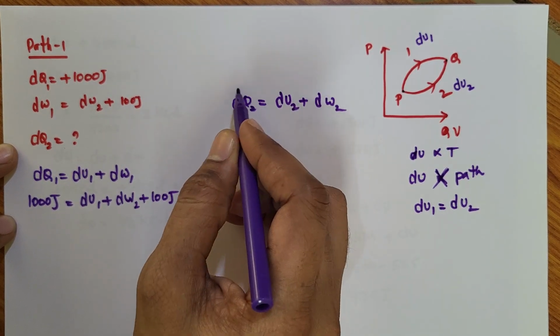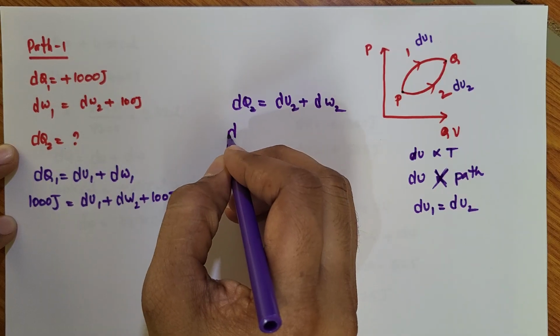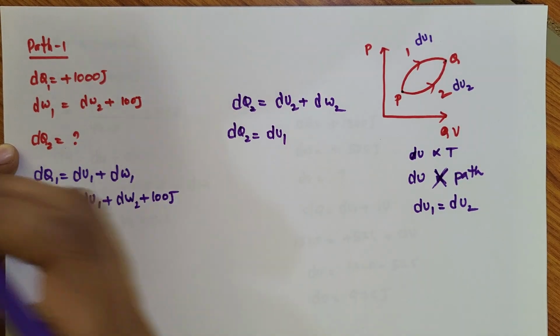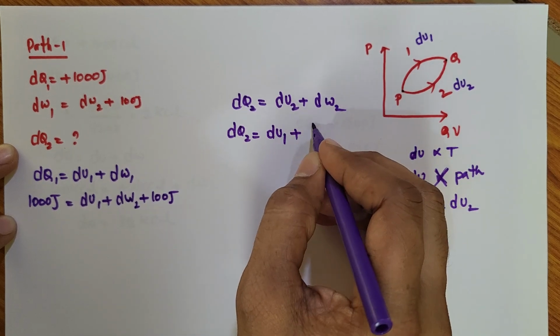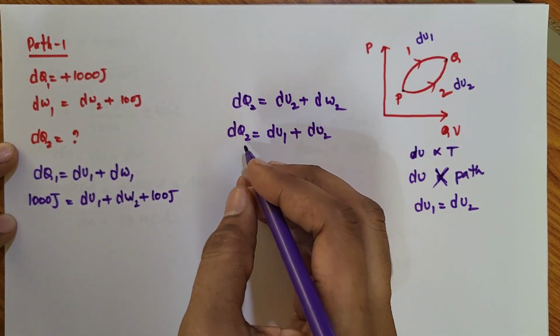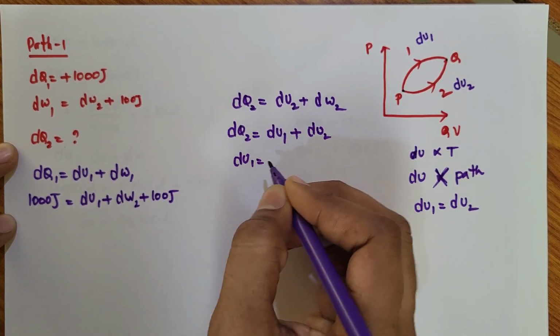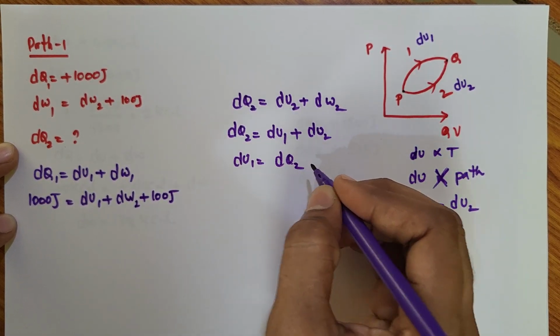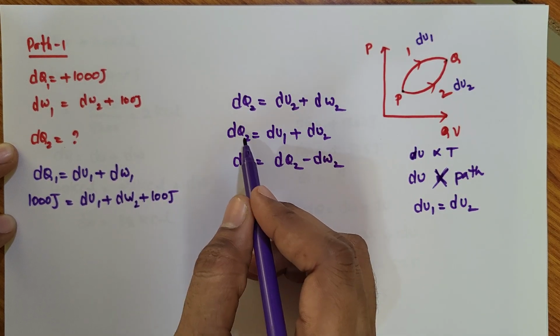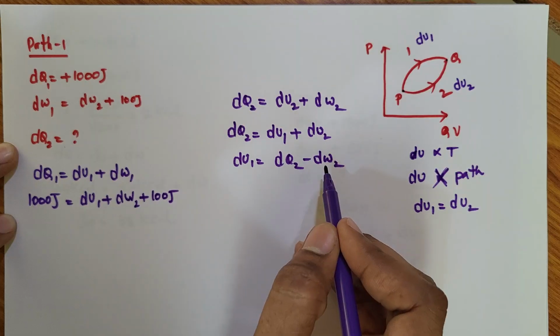We have to find dQ2. dQ2 is equal to dU2, I can write it as dU1, plus dW2. From here I can write dU1 is equal to dQ2 minus dW2.